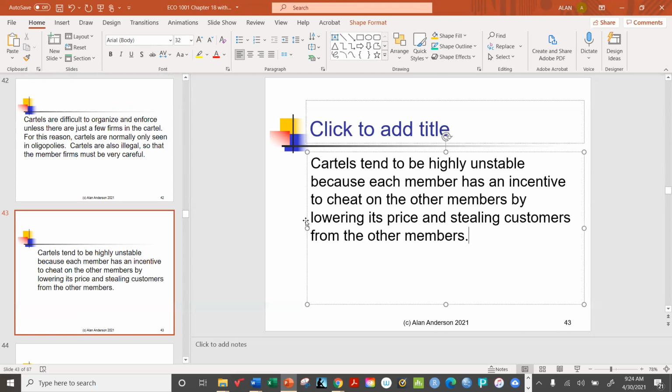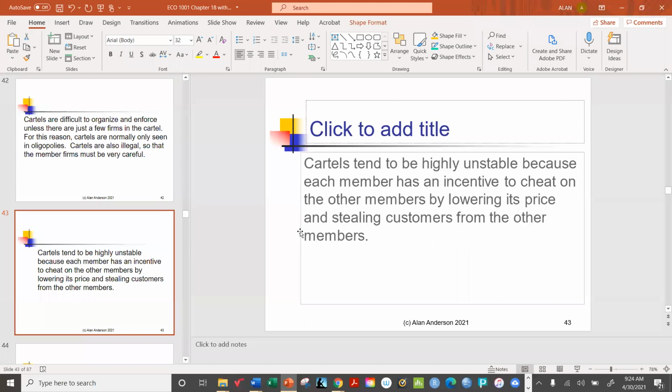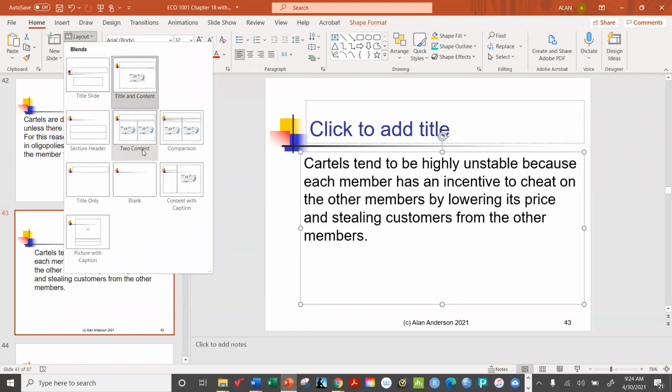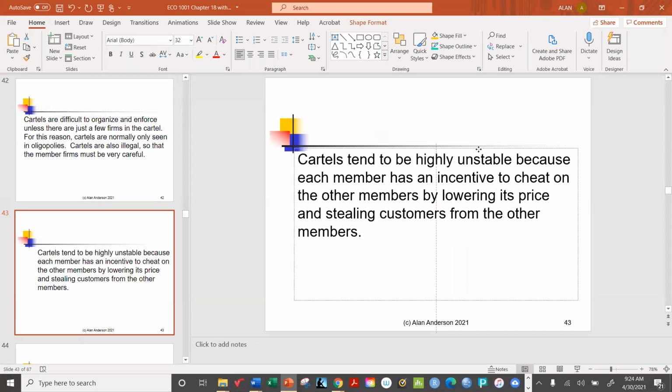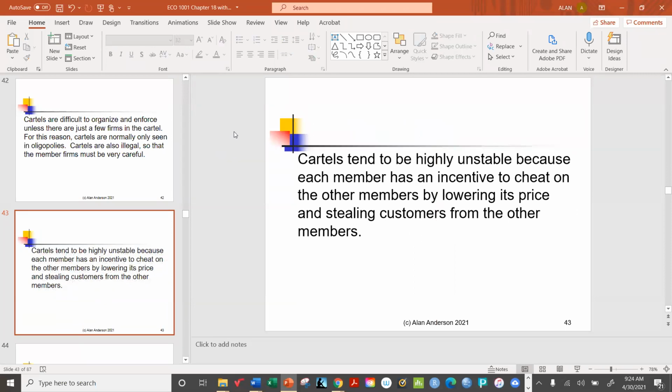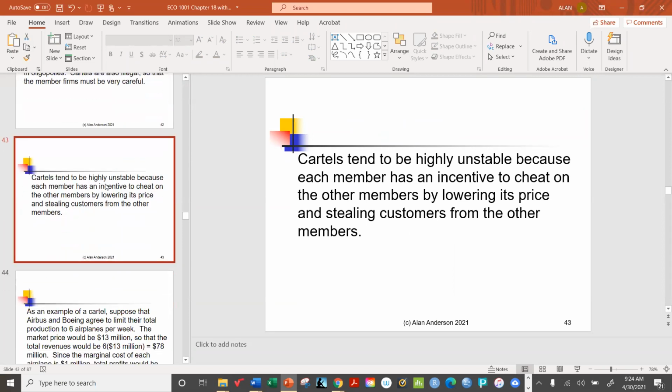Okay, so yes, there's a very strong incentive. They all say, yeah, sure, don't worry, we'll all do the same thing. And then sooner or later, one of them is bound to start cheating on the others, and before you know it, the whole thing unravels. So it's kind of unusual, but it can happen.